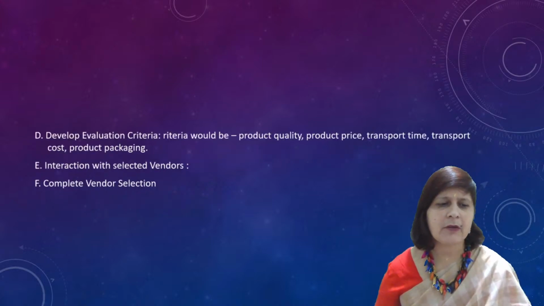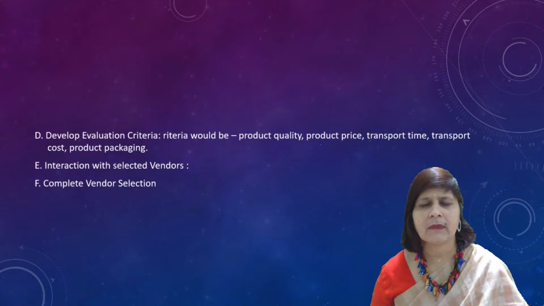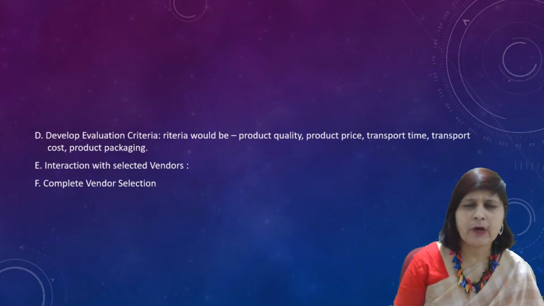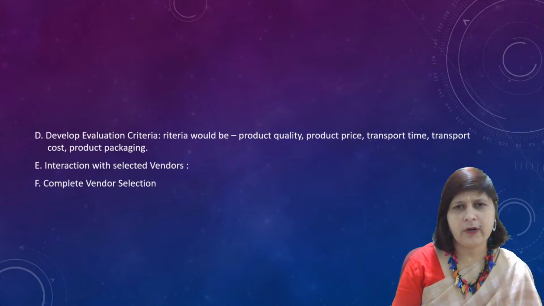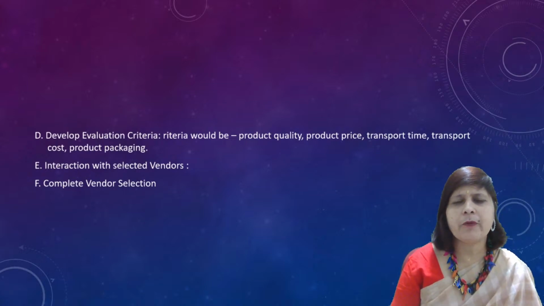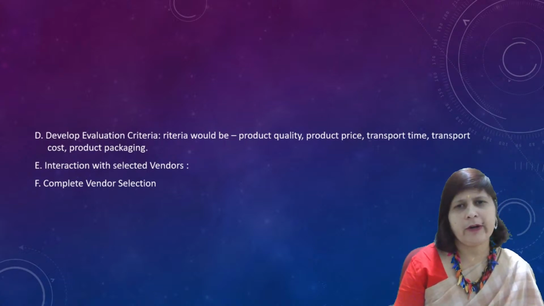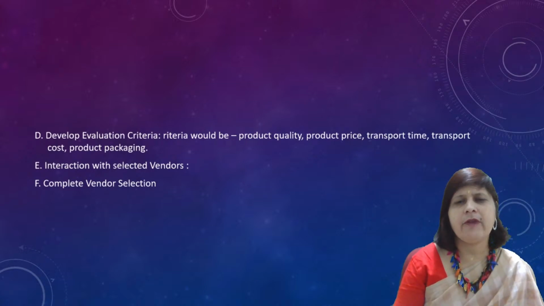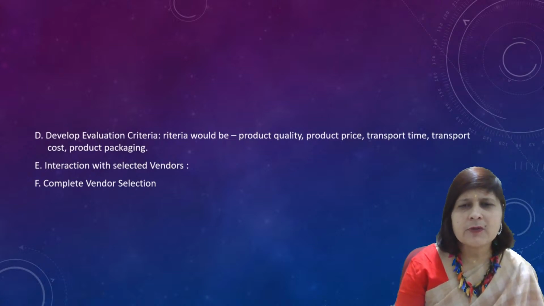After identifying the product, develop the evaluation criteria. How will you evaluate whether that product or that supplier is good or not? Evaluate on the basis of product quality. What type of product quality someone is supplying, or what is the quality of the product? Is the quality of the product good or not? What is the price of the product? Evaluate on the product prices. Then transportation time.